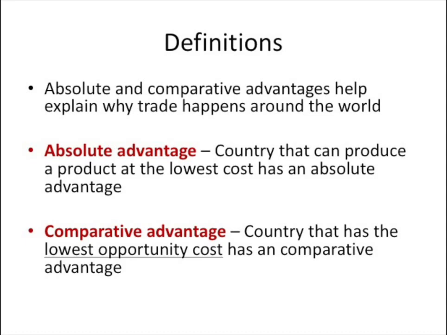Comparative advantage differs from absolute advantage in that it's the lowest opportunity cost. The country that has the lowest opportunity cost is the one that determines the comparative advantage. So comparative advantage will not be the same as absolute advantage. It can be in certain cases, but will not always be the same.